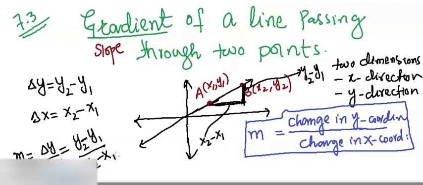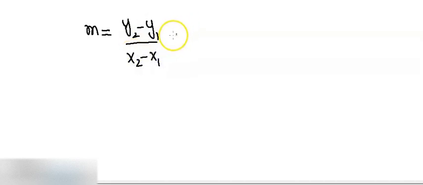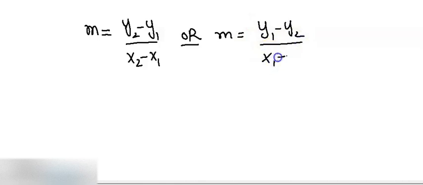So what is going to be the formula for slope? The conclusion of this discussion is that the slope or the gradient of a line is given by m equal to y2 minus y1 divided by x2 minus x1, or sometimes you can write it as m equal to y1 minus y2 divided by x1 minus x2.